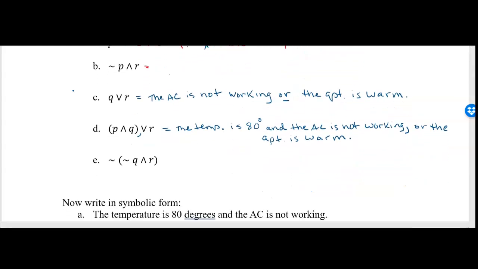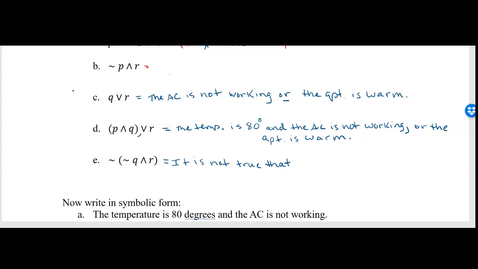This one, okay. Here's what happens when you have the negation in front of the parentheses. This part will still be the same, the way we would write this. But this says it is not true that, or it is false that, whichever one.